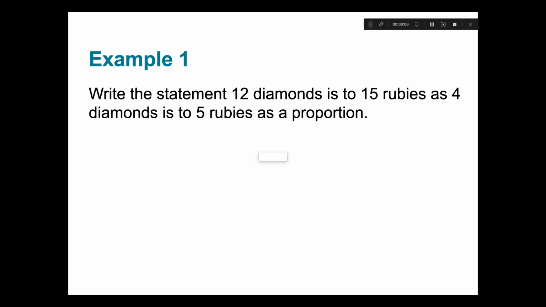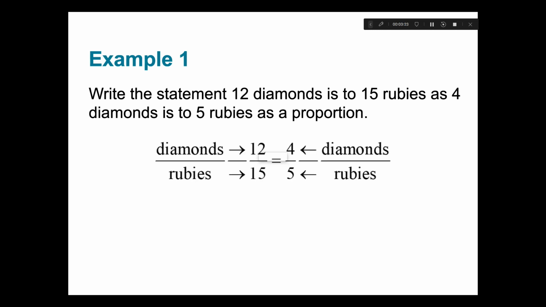Okay, so the statement of 12 diamonds is to 15 rubies, as 4 diamonds is to 5 rubies. Which is going to go on top, 12 or 15? So then what is going to go on the top of our second ratio? We know these are equal because they can both be divided by 3 and reduced down to this number right here.